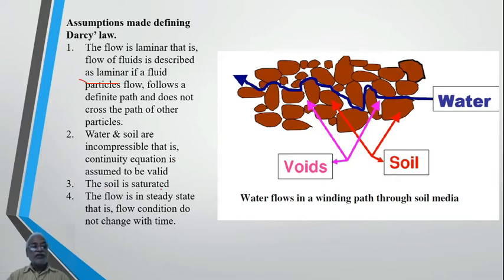Number 3, the soil is saturated, no voids are left unfilled, that is, no void is occupied by air. Everywhere there is water, because of that it can flow through, that is the point. The flow is in steady state, that is, flow conditions do not change with time.